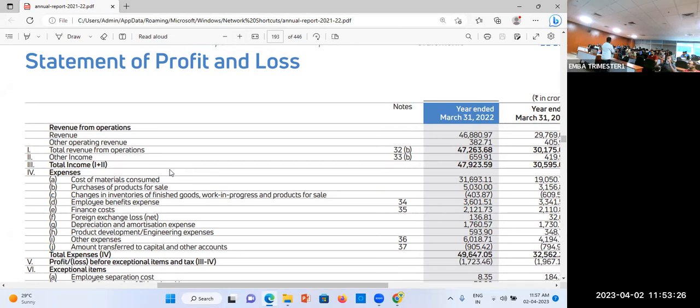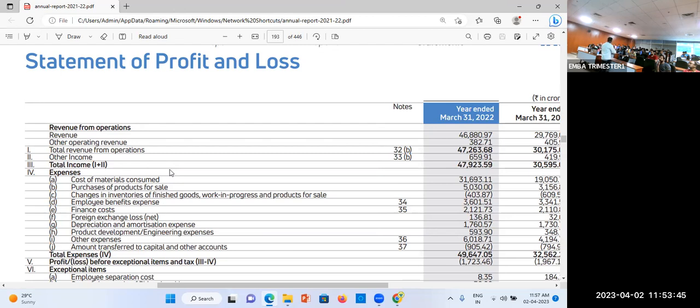Listen carefully. You remember in the very first class, I was talking about the different types of business ownership patterns: sole proprietor, partnership, joint stock company, cooperative form of organization, undivided family. Now we are concerned only with the joint stock company.